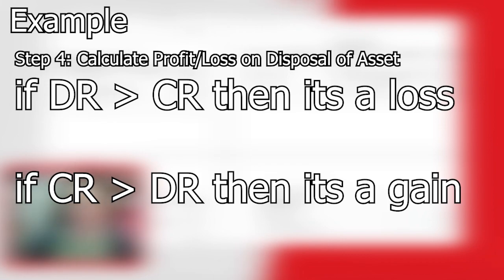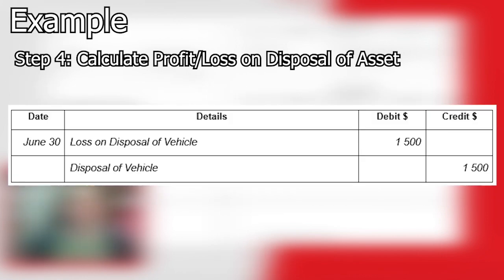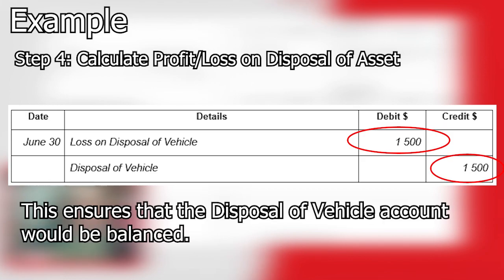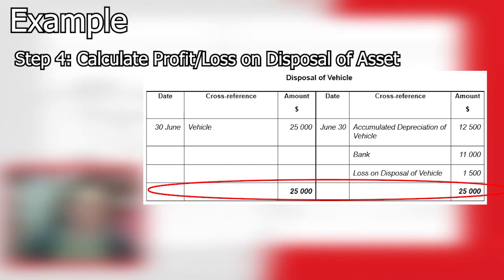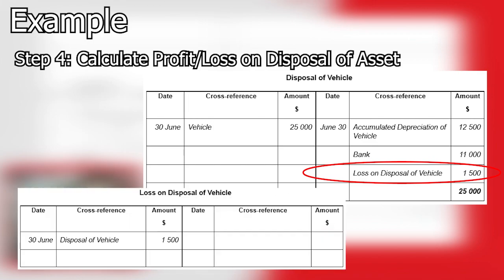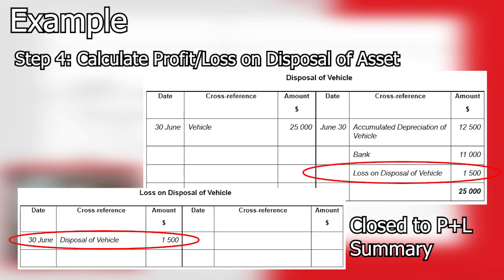In this case, debit is higher, ergo it's a loss, and we put that into the general journal as loss on disposal of vehicle, debit $1,500, and disposal of vehicle, credit $1,500. This is to make sure our disposal of vehicle account balances to 0, so both debits and credits are equal, and that is evident here where both sides total $25,000, and you can see the loss on disposal of vehicle, the debit $1,500 with the cross-reference of disposal of vehicle, and this will get closed into the P&L summary.